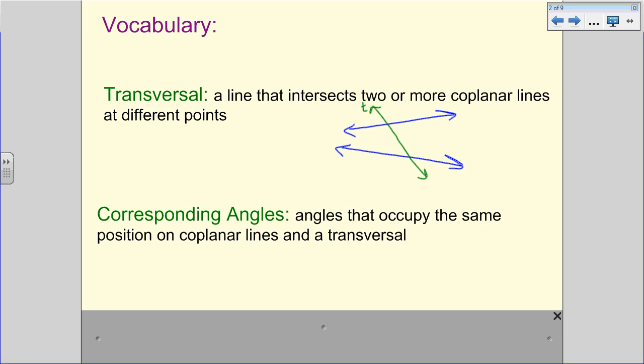So what that means is if I have an angle that is above the coplanar line, and to the right of that transversal, I need to go down on the second line and find one that's in that same position. So I have to be above this line and to the right. So angle 1 and angle 2 are what we would call corresponding angles. Okay? So it's the same position on the coplanar line and the transversal.